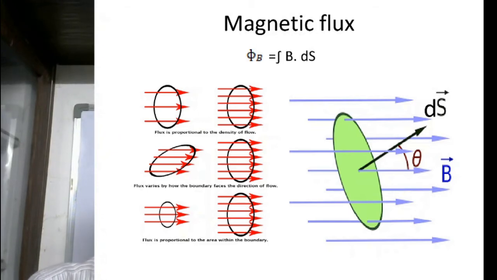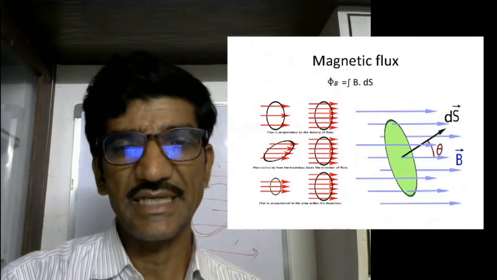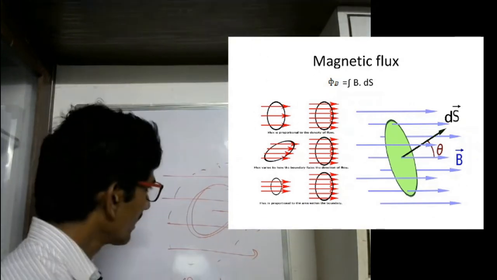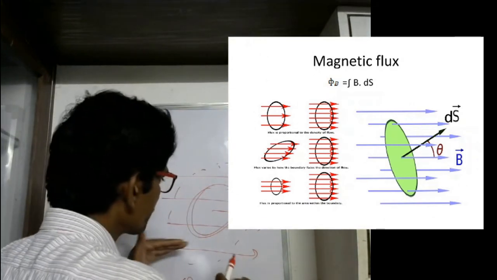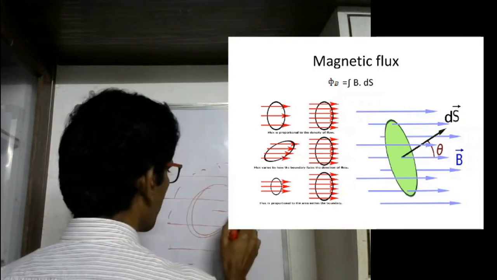See the second one, the orientation of the ds. If you orient it like this, how many lines will pass through it?